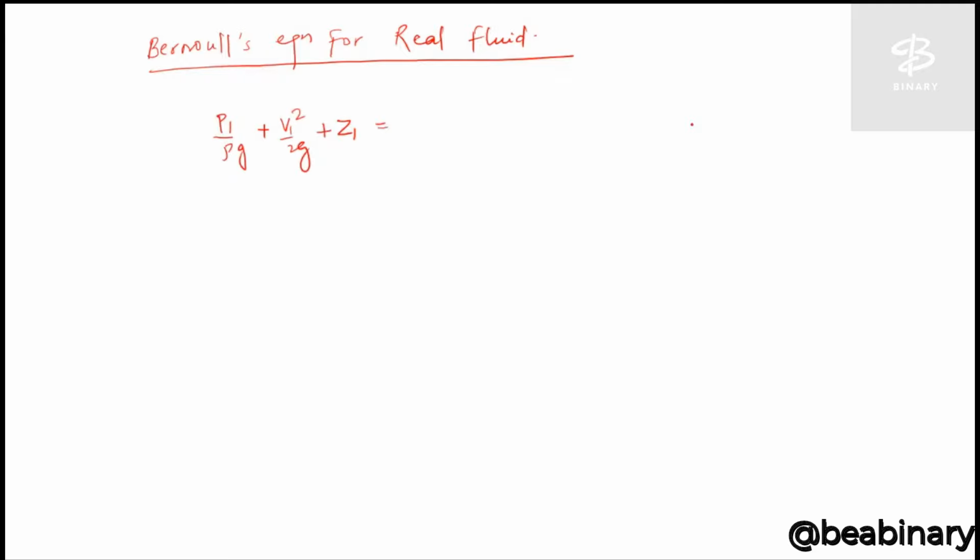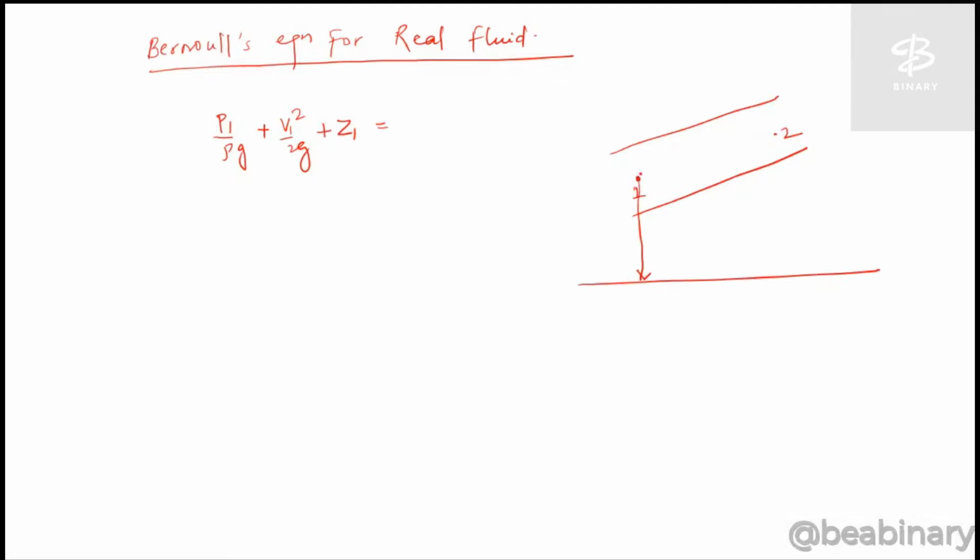If I am considering two points, suppose this is my pipe and in this pipe the flow is happening, and we are considering point 1 is here and point 2 is here, and this is my reference line, and the value from the reference is Z1, and from here the datum line is Z2.